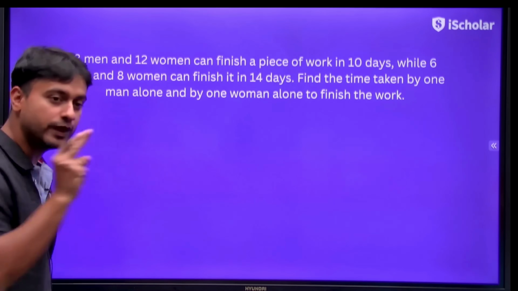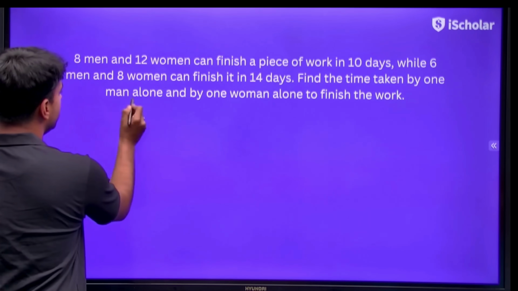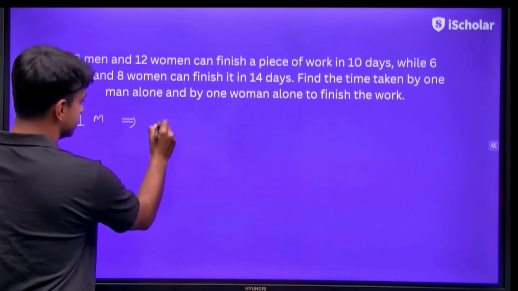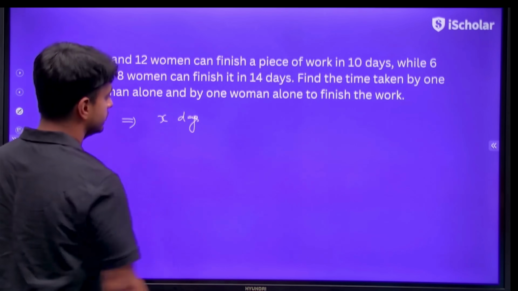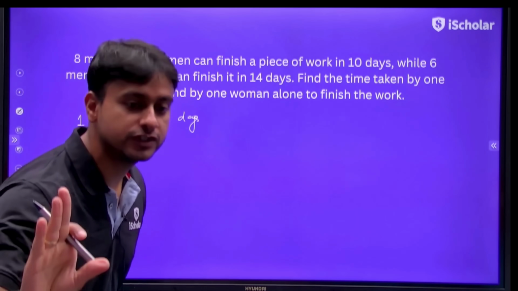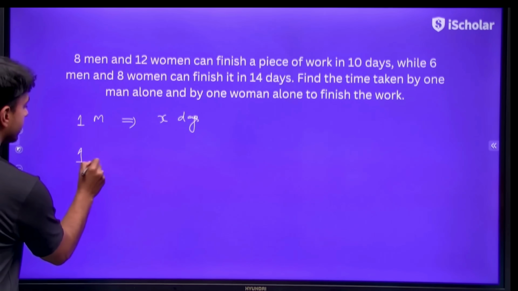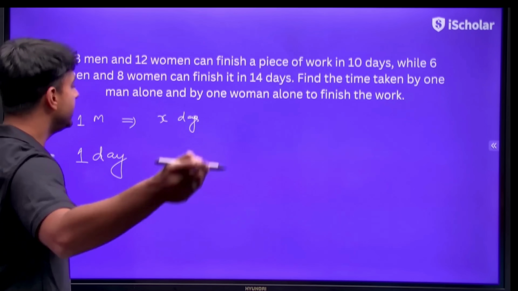So we have two variables here. We will assume that the time taken by 1 man to finish the work is, let's suppose, X days. The 1 man is able to finish the work in X days. So in 1 day, how much work will he do?